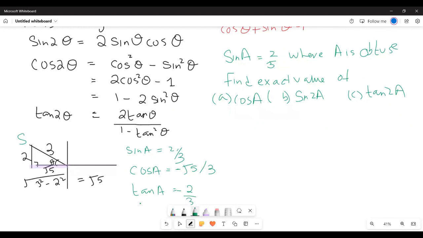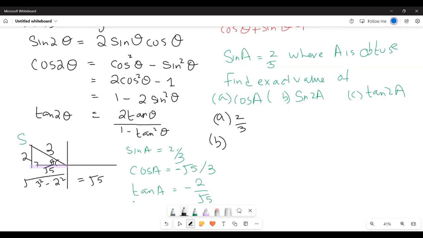However, this is also going to have a negative sign because tan is negative in the second quadrant. So minus 2 upon square root of 5. Okay. Now we already have the answer for part A, that is minus square root of 5 by 3.